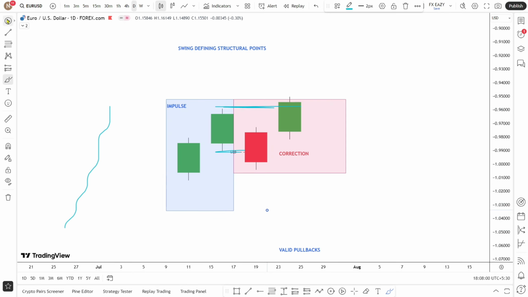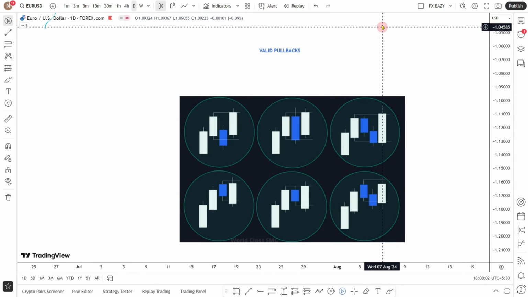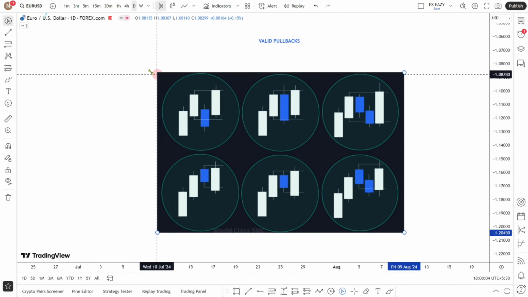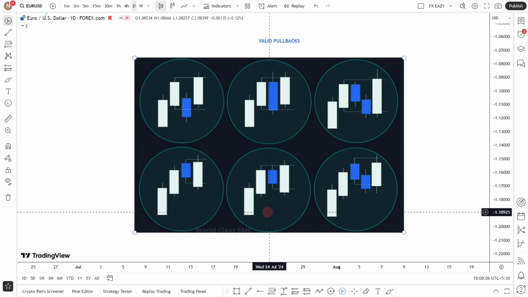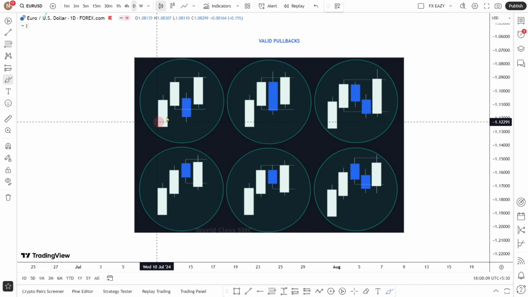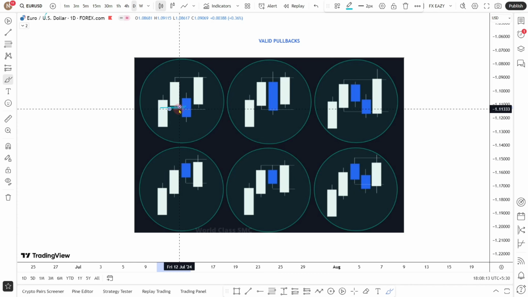Let me show you some valid pullback examples here. See, at this level, the market candle has taken the previous candle's liquidity and formed a high. So this one is our valid pullback point.